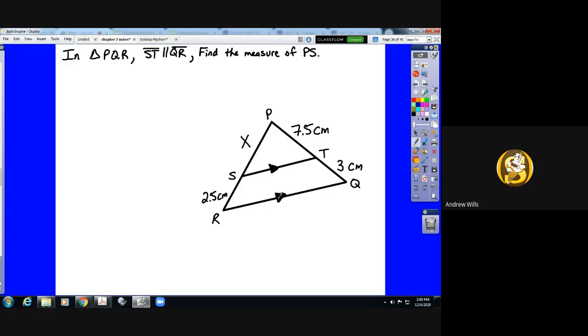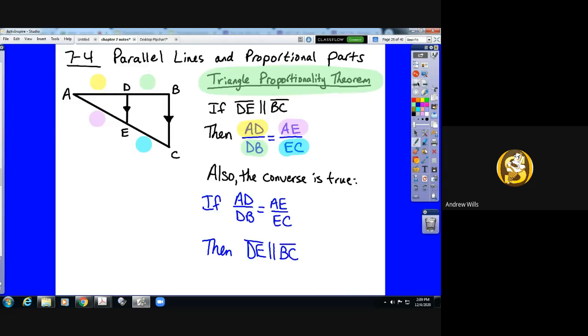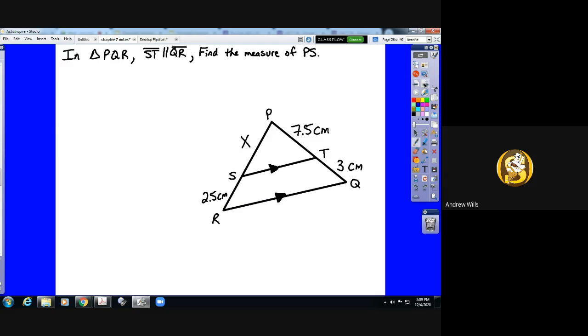So we're going to use this theorem, our triangle proportionality theorem, to set up and solve a proportion here. The top piece over the bottom piece equals the top piece over the bottom piece. Okay, we're going to set up that proportion.